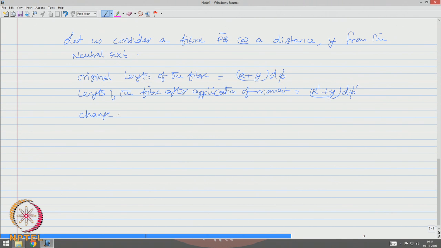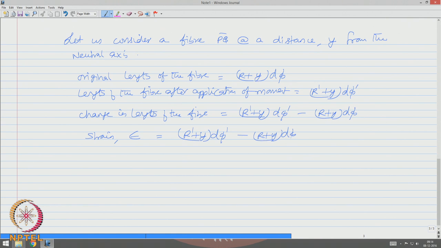Therefore, one can easily find change in length of the fiber, which will be r dash plus y d phi dash minus r plus y d phi. So, the strain of this fiber will be change in length by the original length, which I call equation 1.